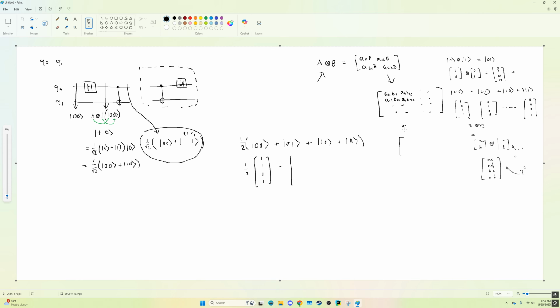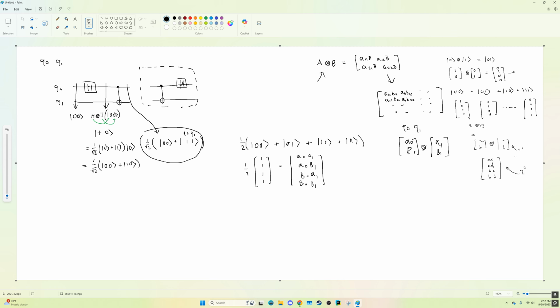So for Q0 and Q1, we had alpha 0, beta 0, tensor, alpha 1, beta 1. So we have alpha 0 alpha 1, alpha 0 beta 1, beta 0 alpha 1, and beta 0 beta 1.